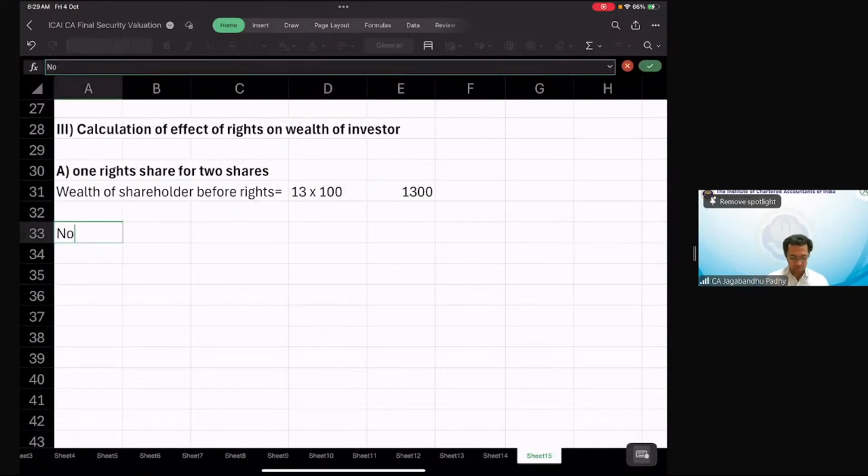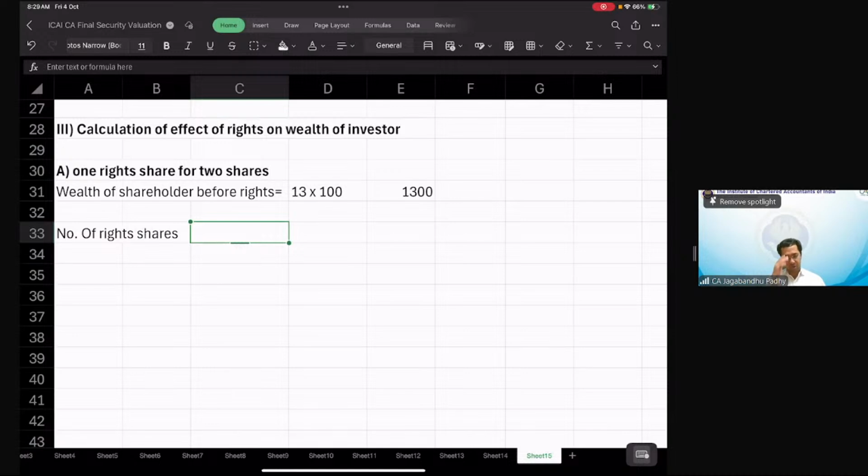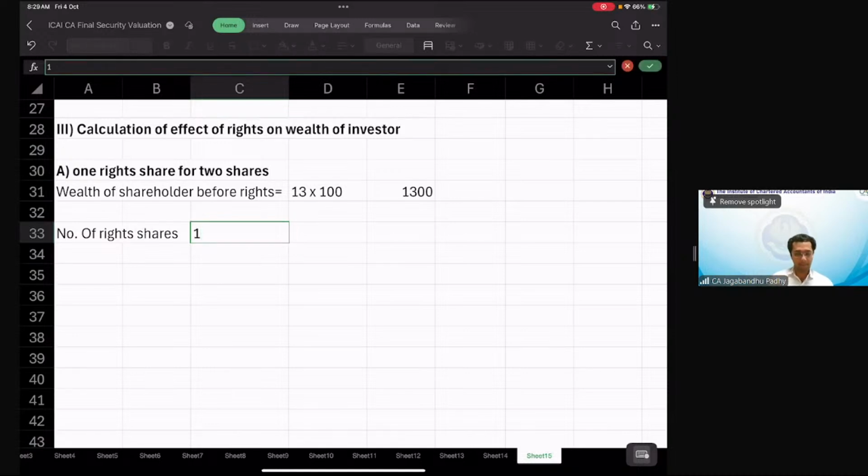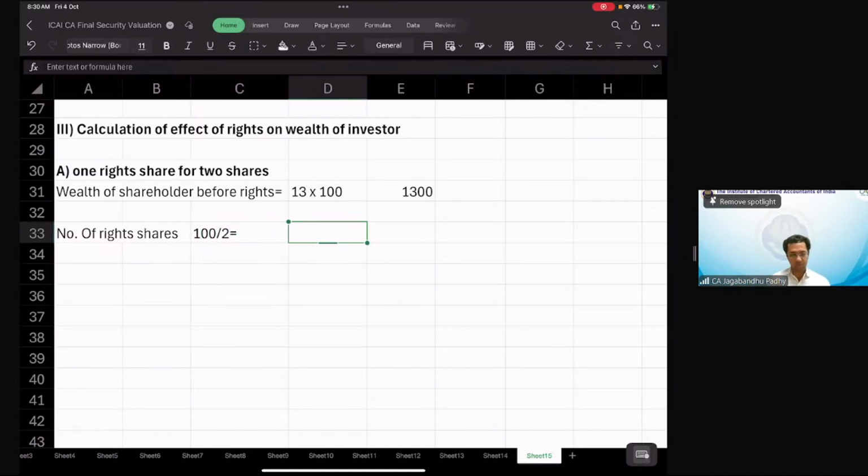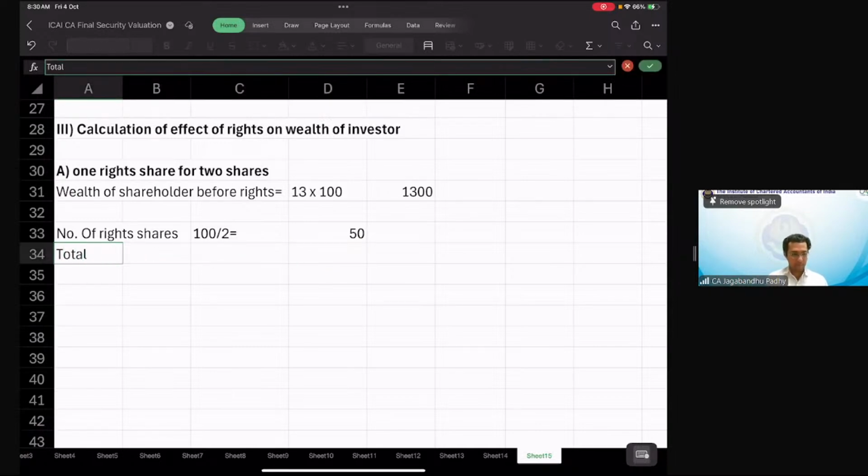Then can you tell me the number of right shares he's going to get? 100 divided by 2, which is 50. Right? So what is the amount paid for right shares?